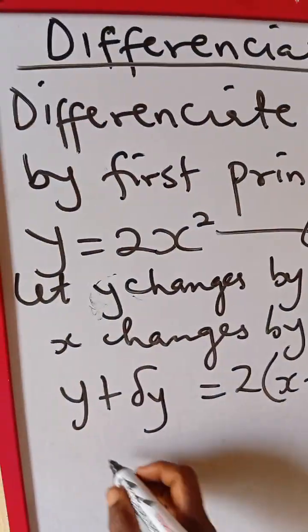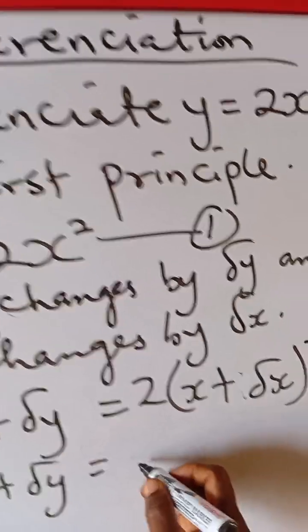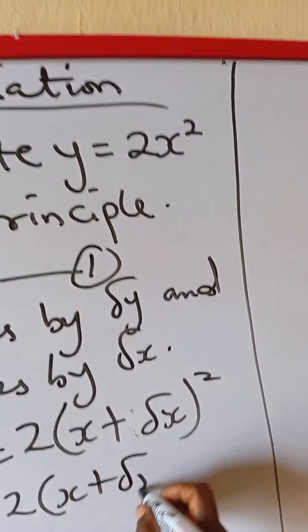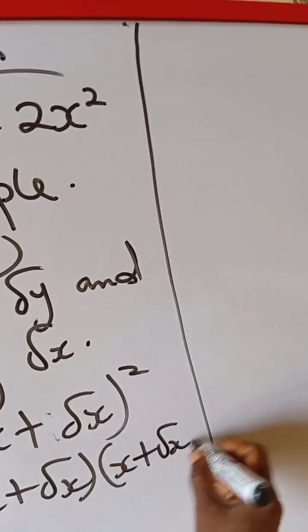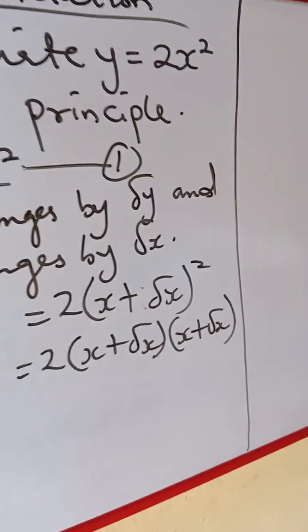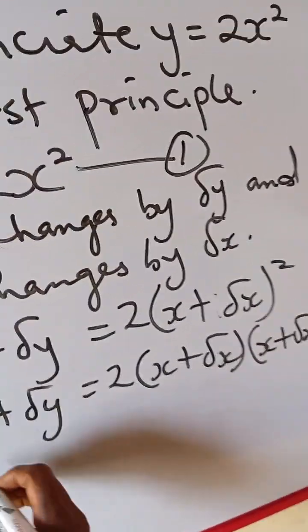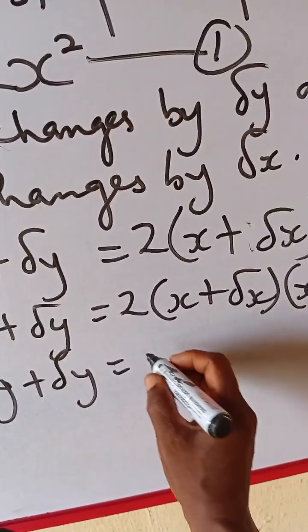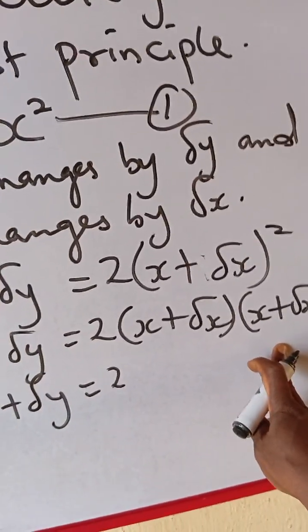So this is the same thing as saying that y plus small change in y equals 2 bracket x plus small change in x, and then another bracket of x plus small change in x, in order to expand the square. So by expansion, I'll bring down this side of the equation. Then I will now expand these two brackets.